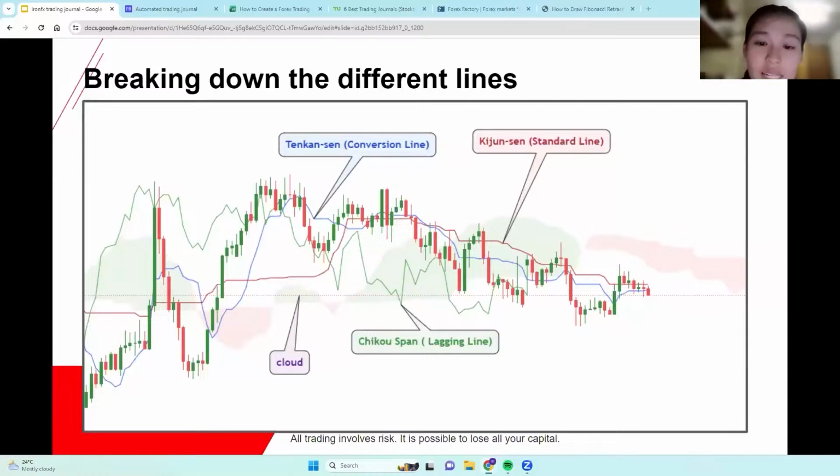Chikou span or lagging span is the current closing price plotted 26 periods behind the current time. And Senkou span A or leading span A is the average of the Tenkan-sen and Kijun-sen plotted 26 periods ahead of the current time, used as a leading indicator of the trend.